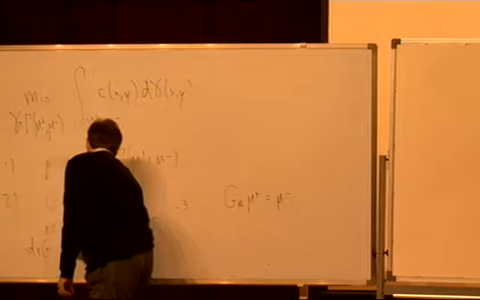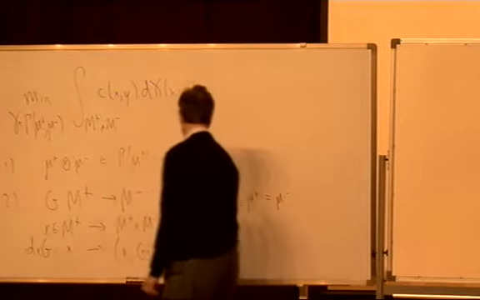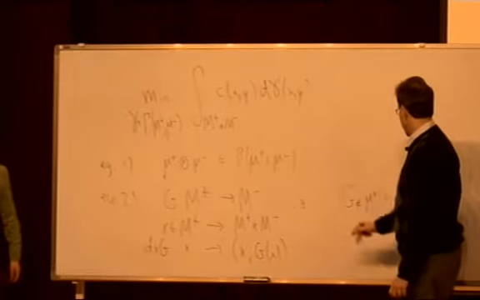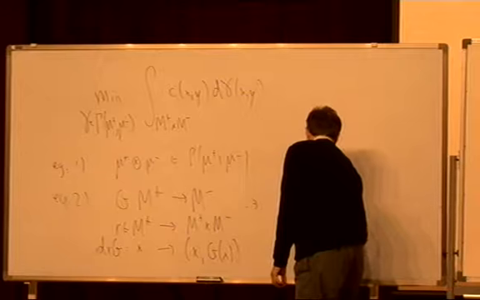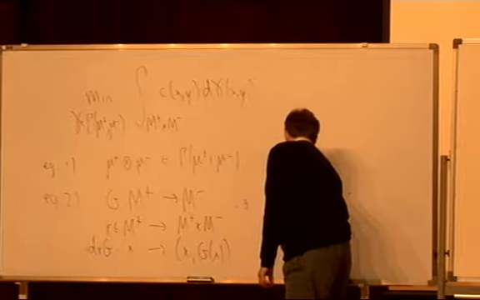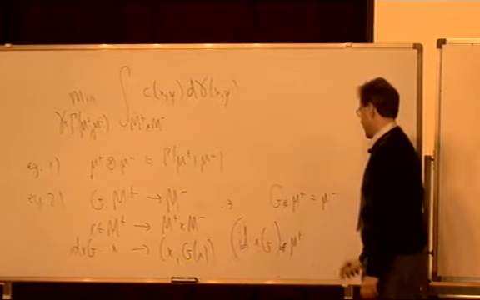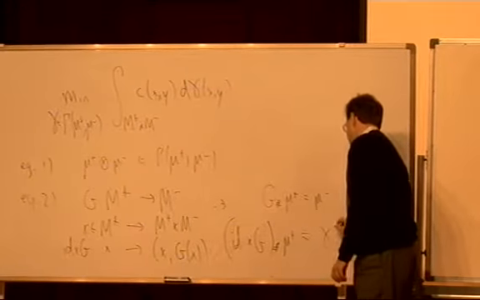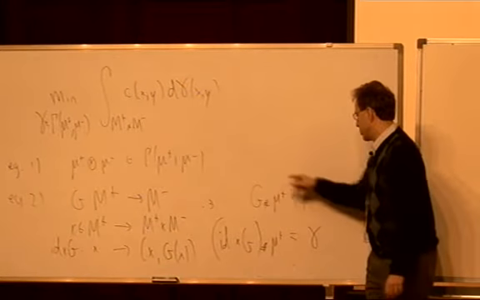So it takes x to the point (x, g(x)). And I can push forward this measure mu through this new map, and that will define the measure gamma. And it turns out that this gamma belongs to this set if and only if this holds.